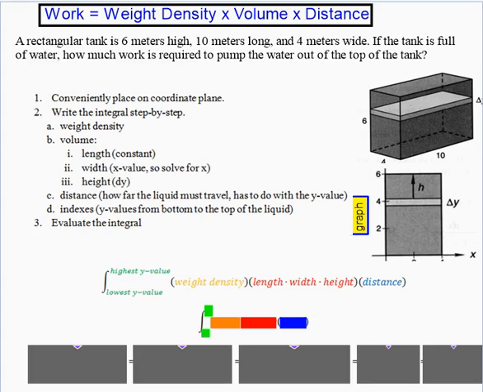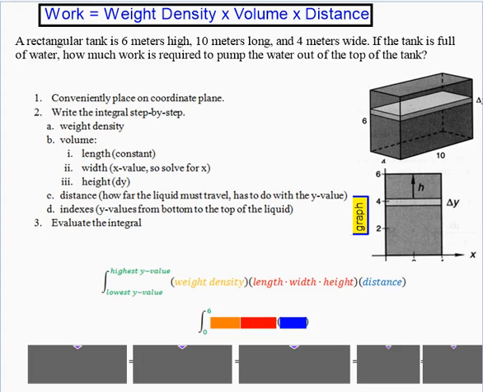So let's start with our integral. We want to go from 0 to 6, because the height is 6 and it's filled to the top. If it was only filled to 2, we would just go from 0 to 2. So we go from the bottom to the top of the liquid, not the top of the tank.